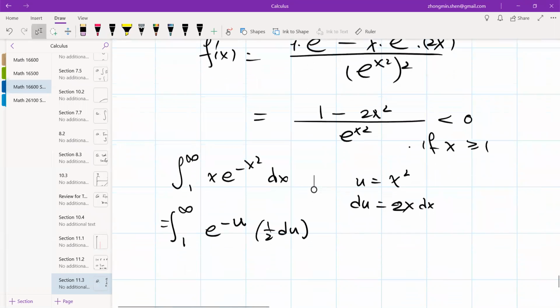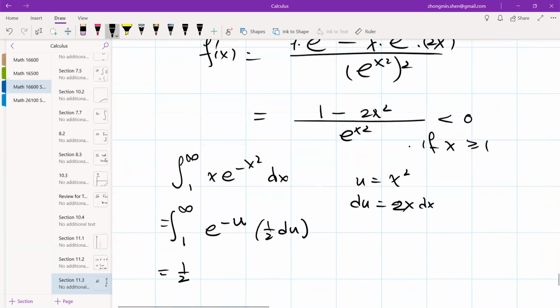Then the antiderivative is negative e to the negative u, from 1 to infinity. And I think it is going to be 1/2 e to the negative 1. Okay, so that's fine. Yeah, that's good enough.